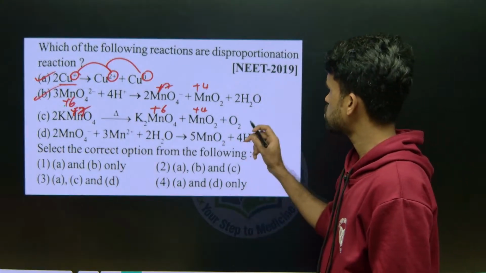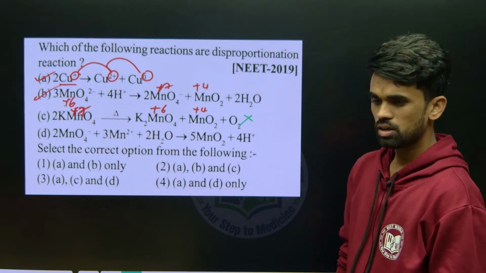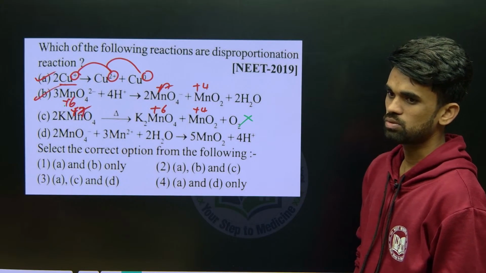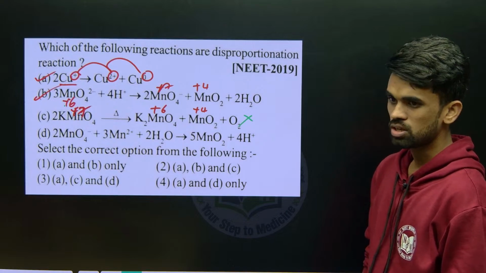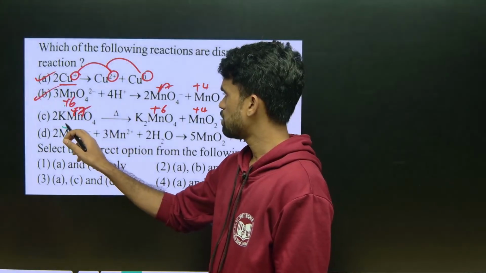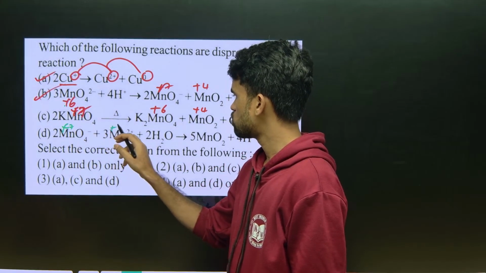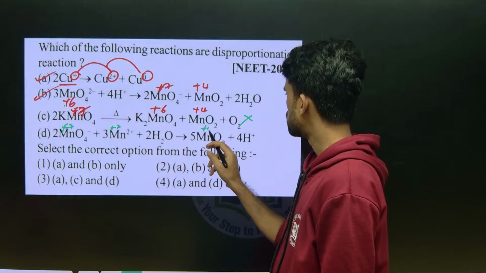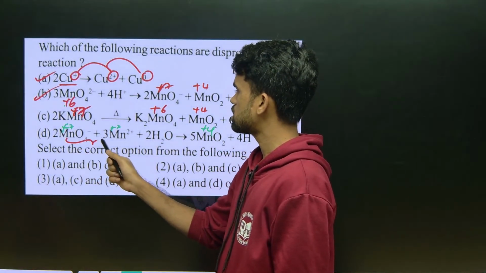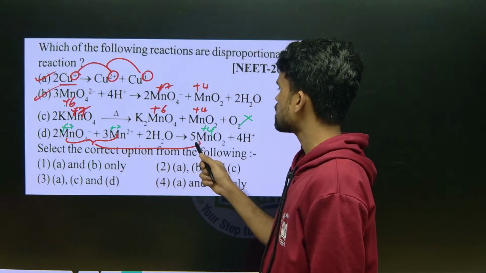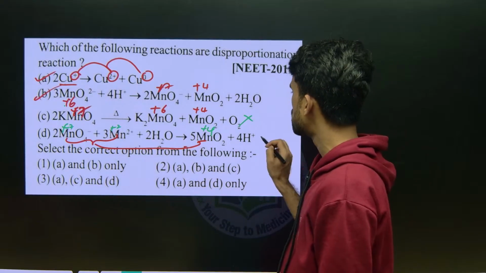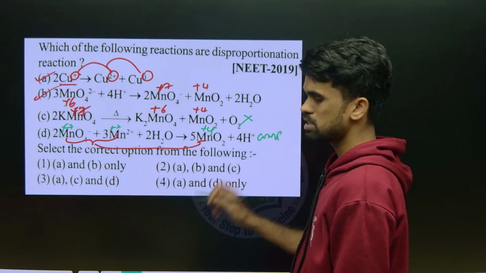So this is not a disproportionation, it is just a reduction process, not even oxidation, just a reduction. Next, what about this? Mn plus 7 and Mn plus 2 are converting into Mn plus 4. These two different oxidation states are forming only a single oxidation state product. So it is an example of comproportionation, not disproportionation.